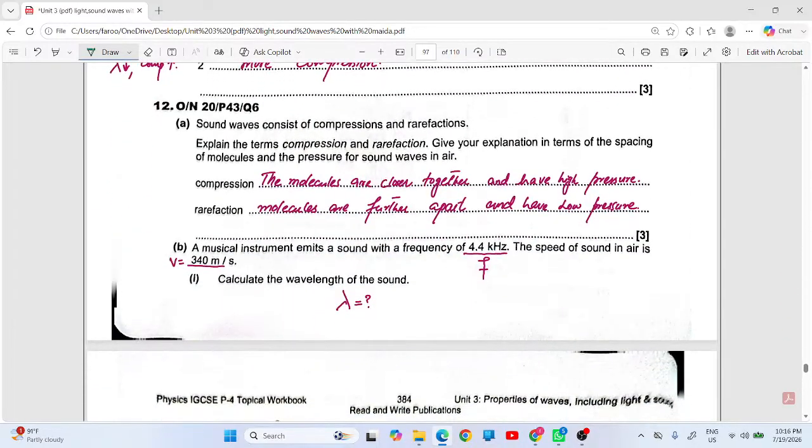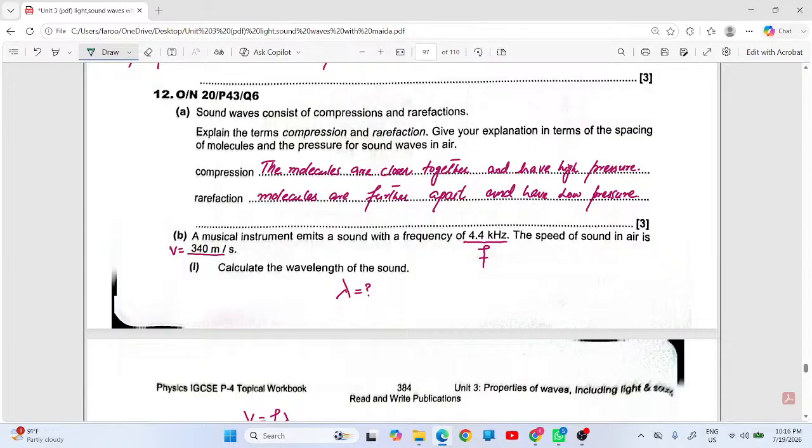कल हम जो लास्ट क्लास थी हमारी उसमें ज़रा माइक ऑफ रह गया था। तो क्वेश्चन नंबर 12 is sound wave consist of compression and rarefaction. Explain the term compression and rarefaction. कंप्रेशन क्या होता है?